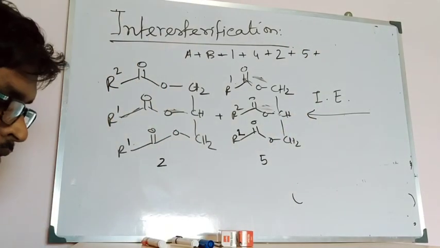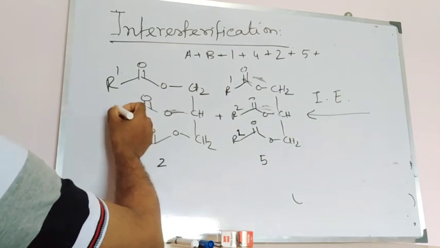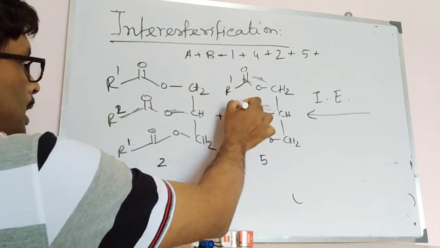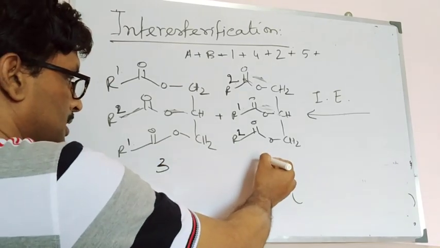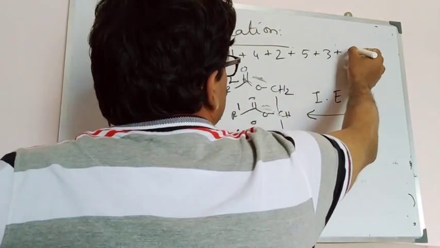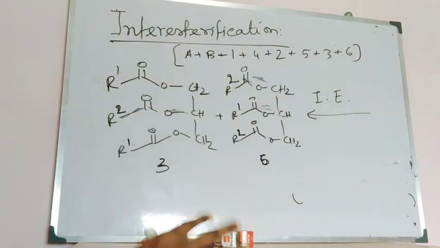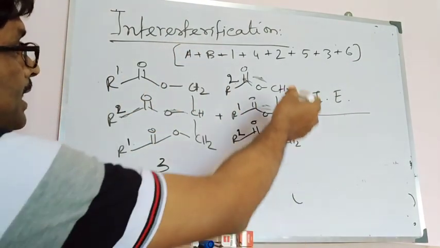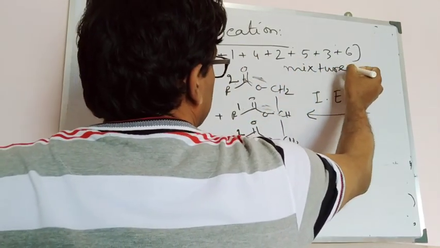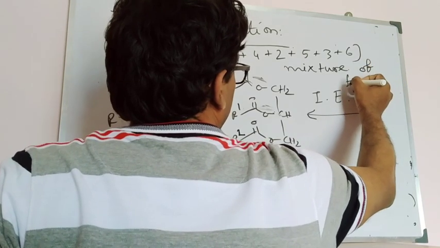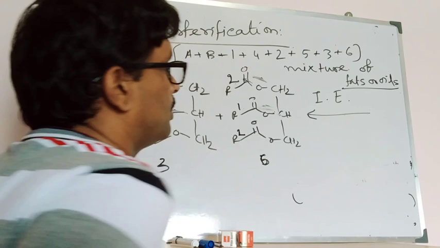And if these two are R1 and this is R2, then clearly this will be R1 and the other two R2. So this will be 3 and this will be 6, so another will be 3 plus 6. So a total of 8 are possible here. This is nothing but a mixture of fats or oils, a mixture of fats and oils.